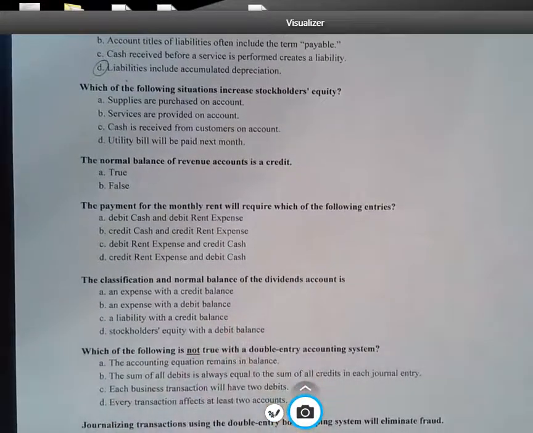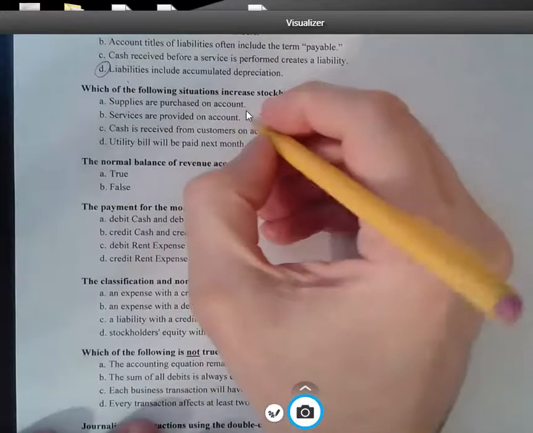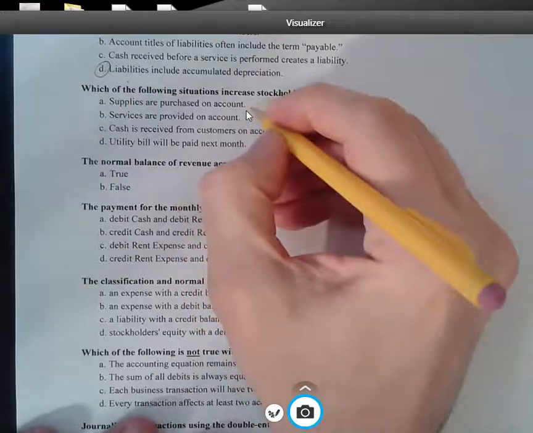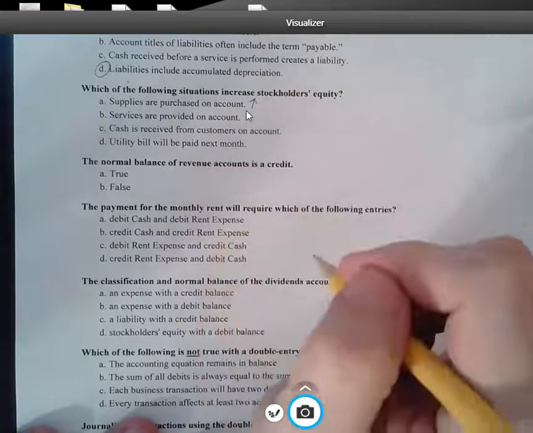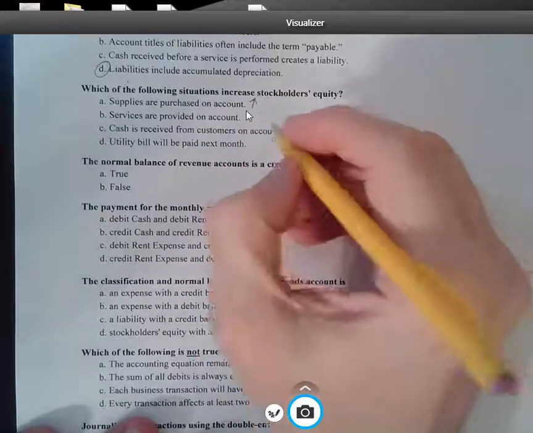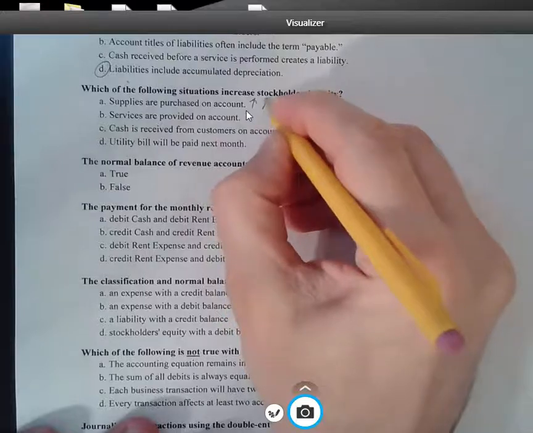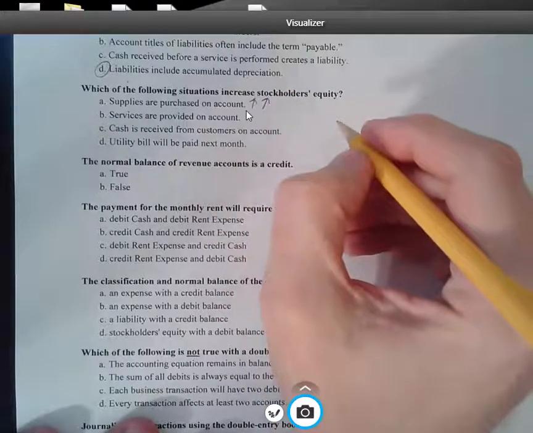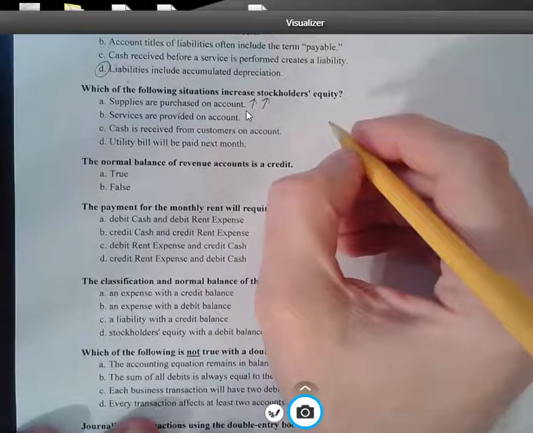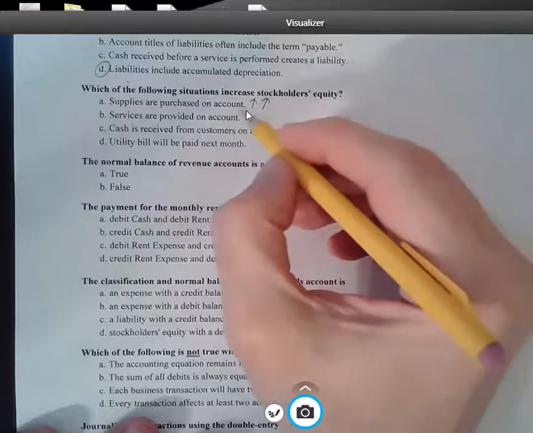It says, which of the following situations increased stockholders' equity? Supplies are purchased on account. So in this situation, we have an asset that is going up. That's a good thing. But we also have a liability that's also going up, and it negates it, because we're buying it on account.